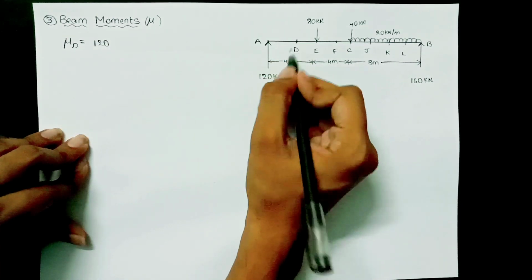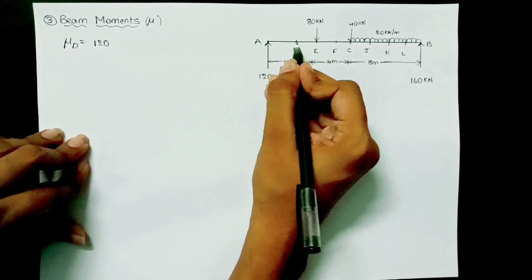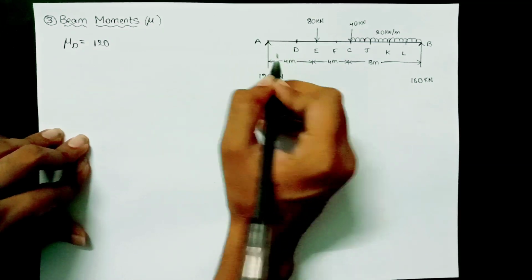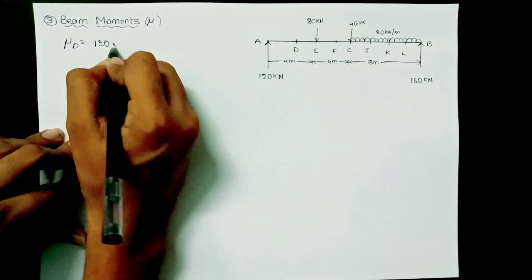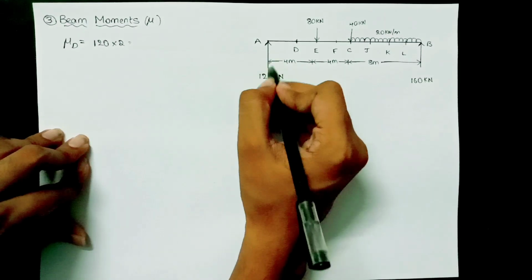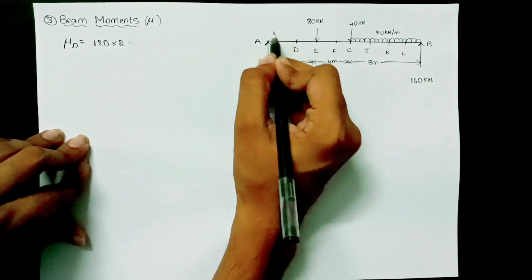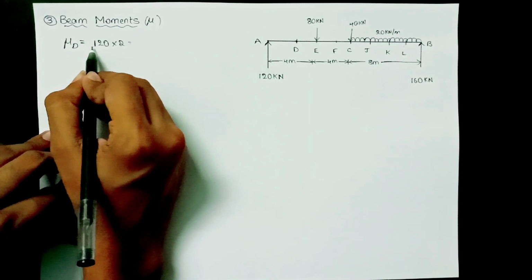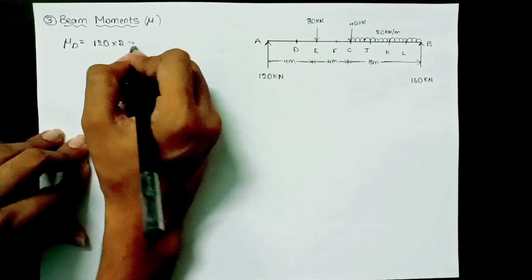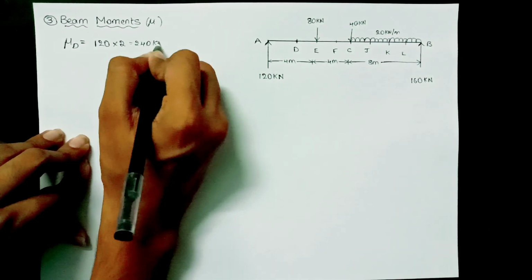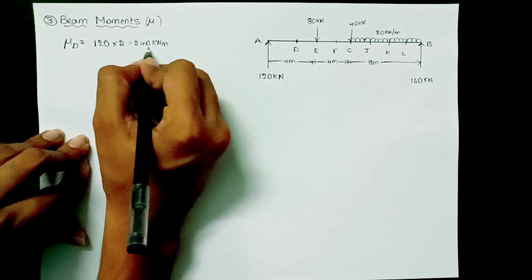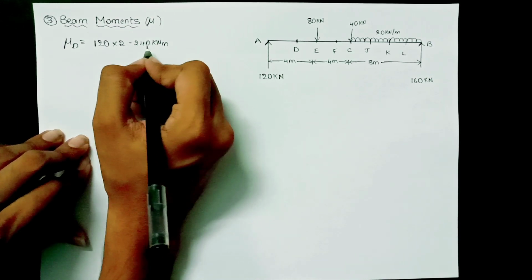Force into perpendicular distance: force is 120 kilonewton, perpendicular distance is 2 meters. Since this is moving the beam in the upward direction, it is a sagging moment, so it is a positive moment. 120 into 2 is 240 kilonewton meter. Since it is a sagging moment, I am writing it as positive.